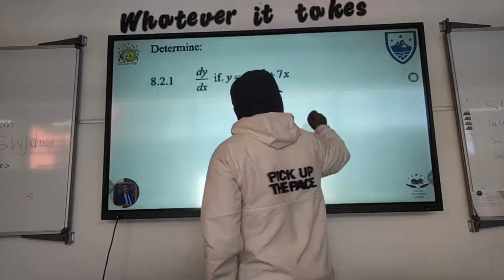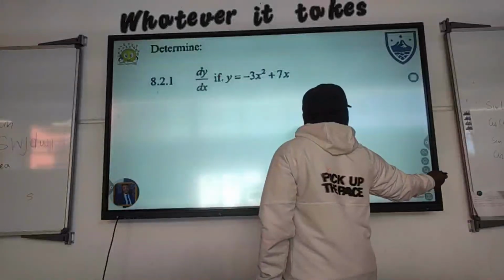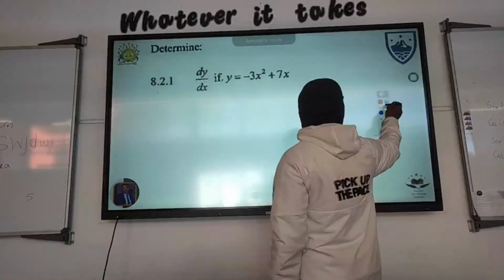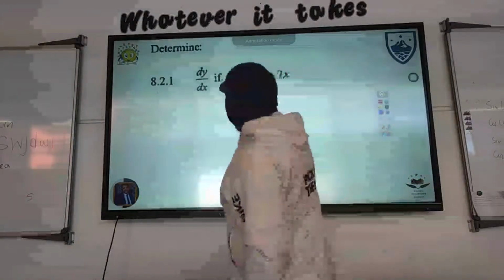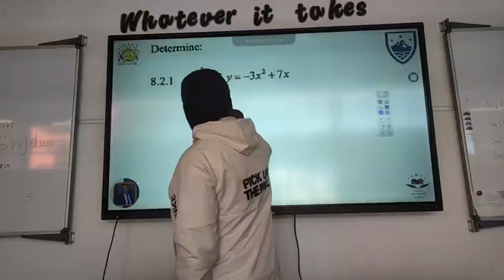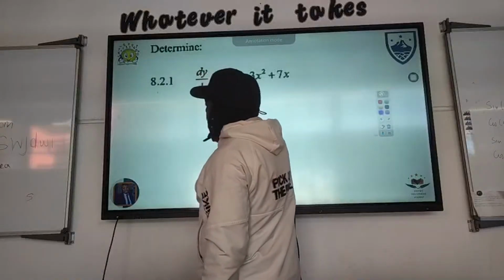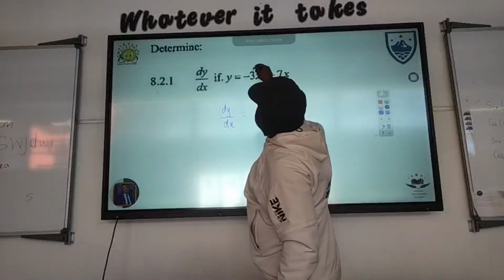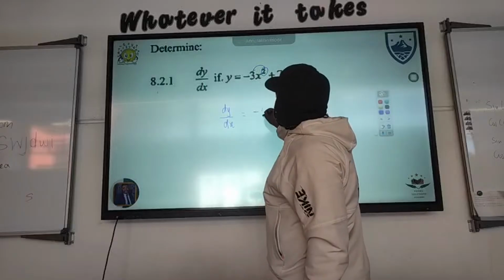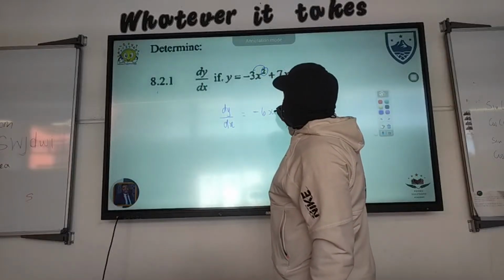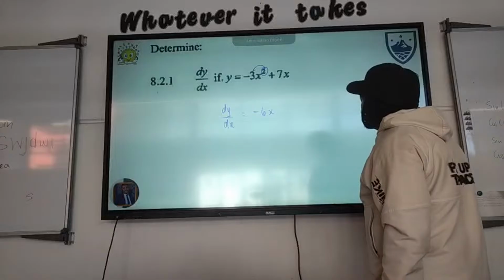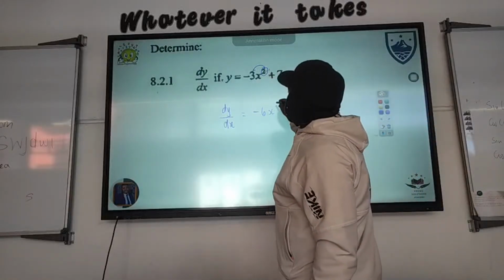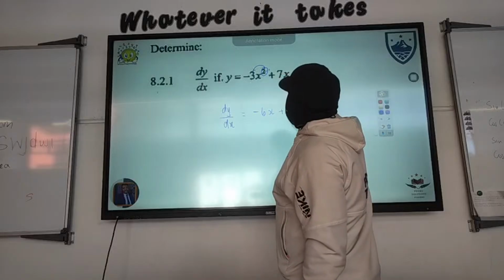dy dx will be equal to just 2 multiplied by -3 will give us a -6, and then x to the power of 1, and then 2 minus 1 will just be 1, and then the same applies this side.